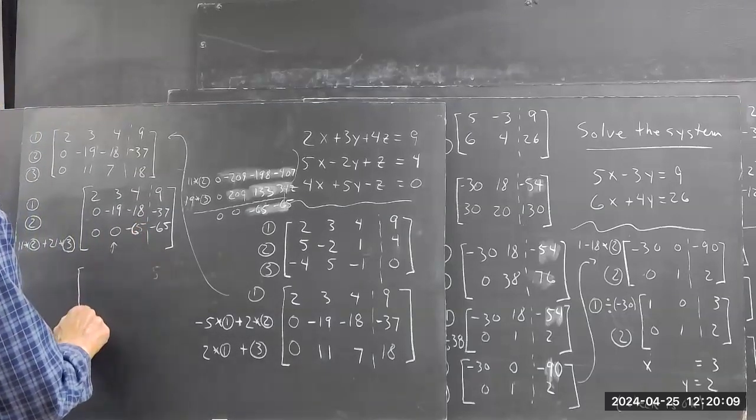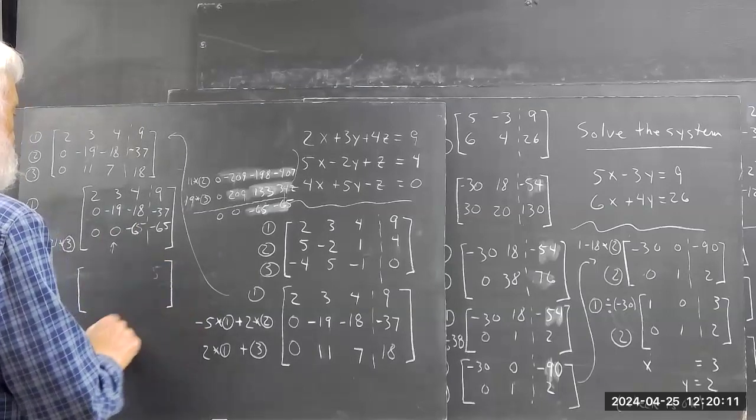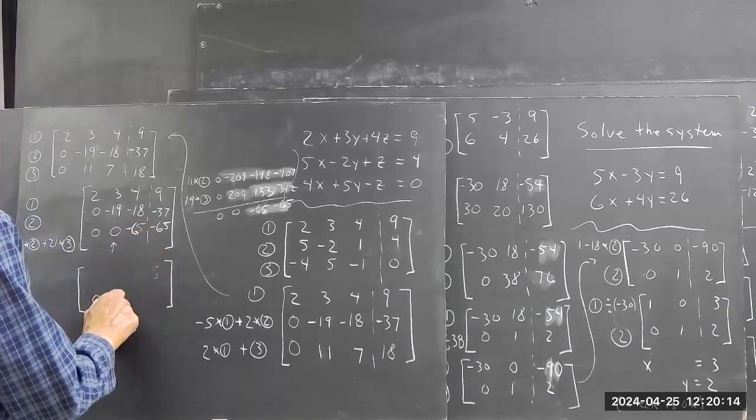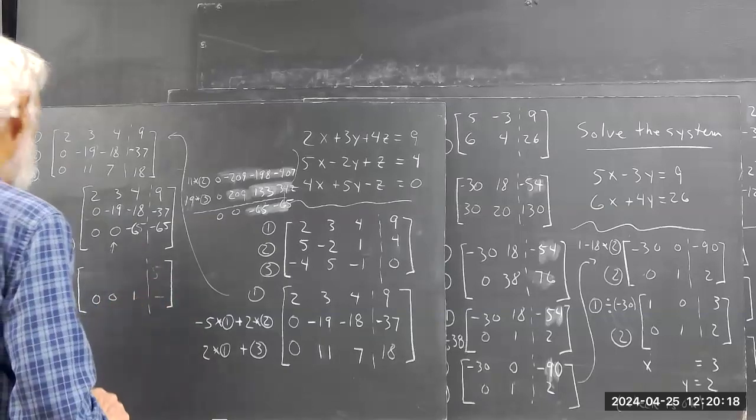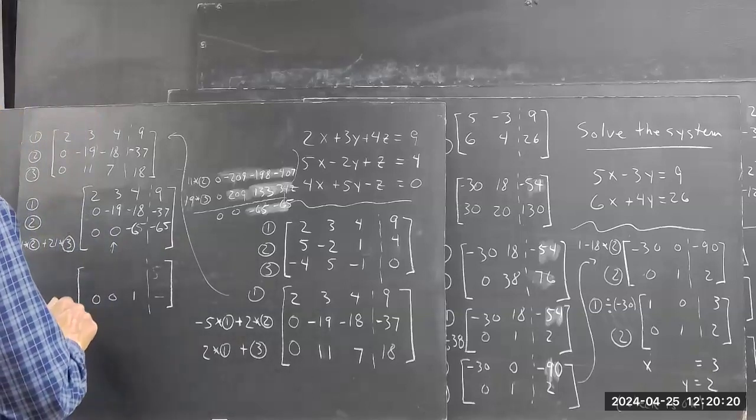Now, in the next step, I want to get a 1 here. The other rows are going to be the same.